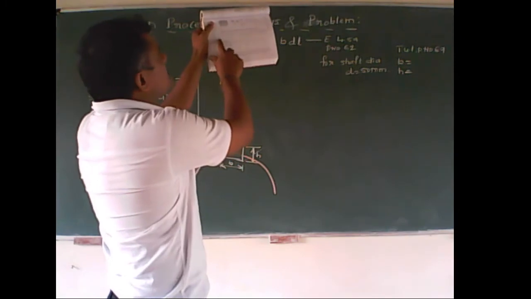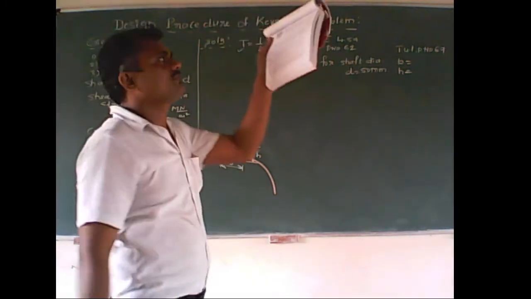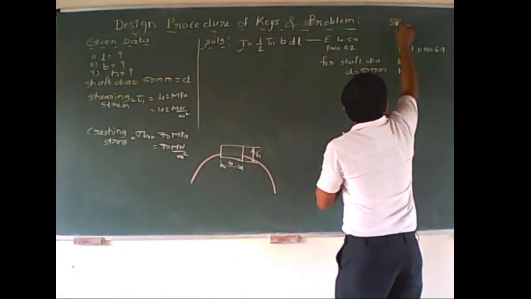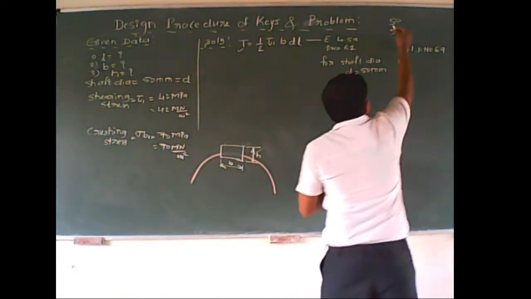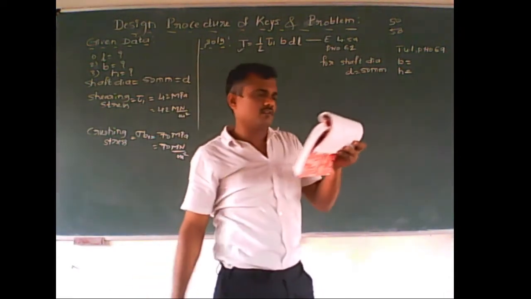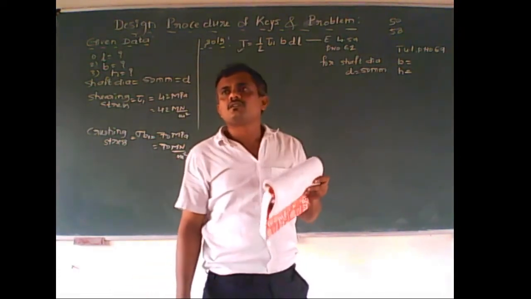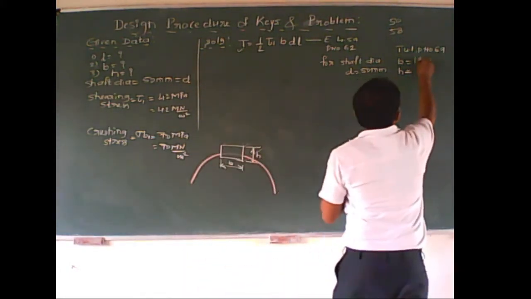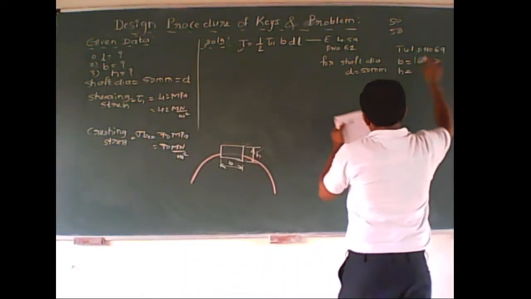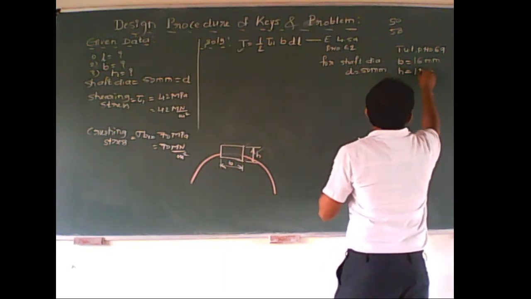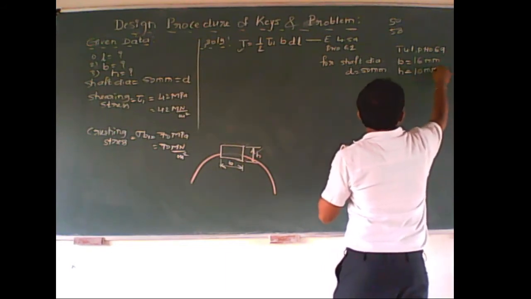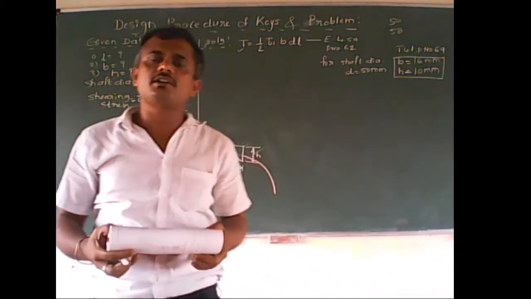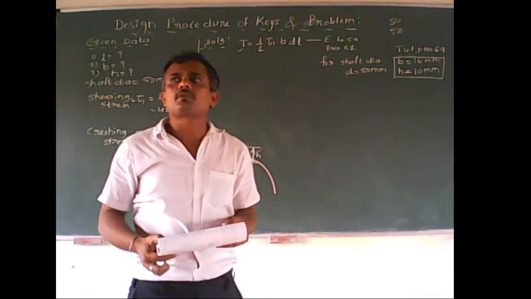Key cross section width B, height H. For 50 to 58, below that one value is available. What is the value of B? 16 mm and H is 10 mm, right? So this is what we have to refer to in the table. It is a very important factor while solving the problem.